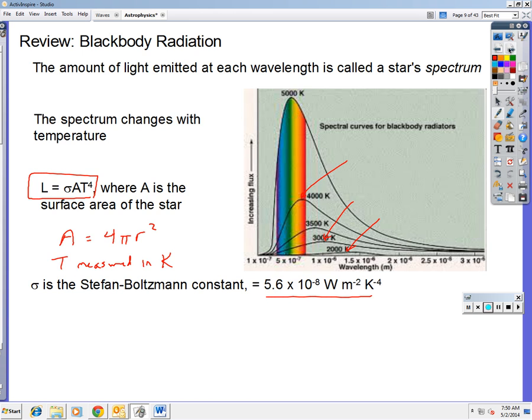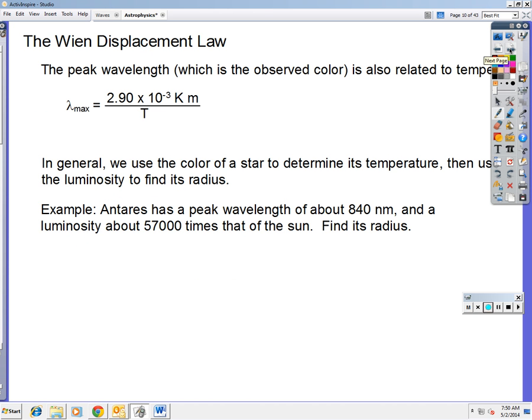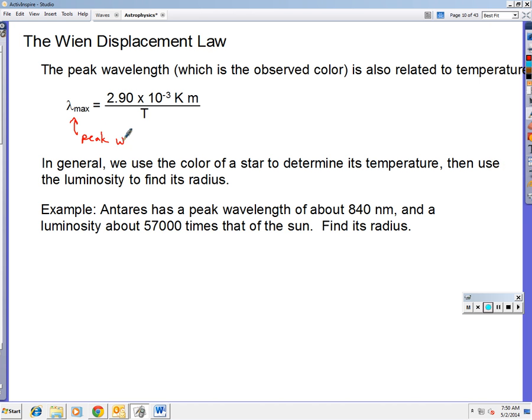So now how do we use that for stars? Well, the Wien displacement law also applies. This tells us how the peak wavelength moves. Lambda max is the peak wavelength, and that is something that is quite, well, I won't say easy, but quite straightforward to observe from a star.